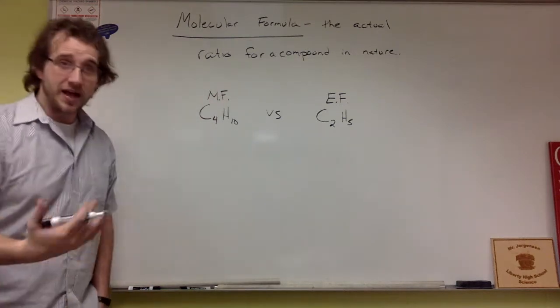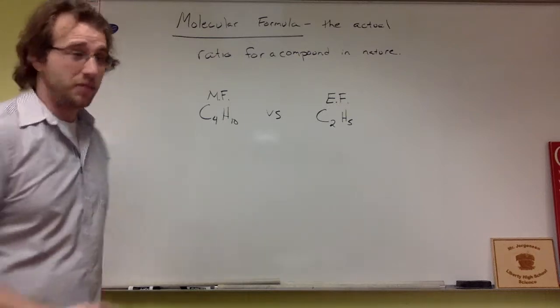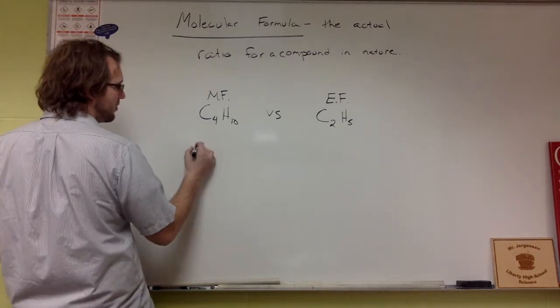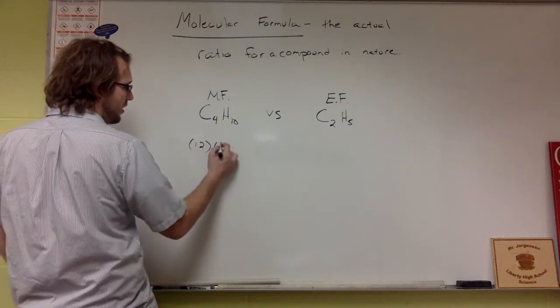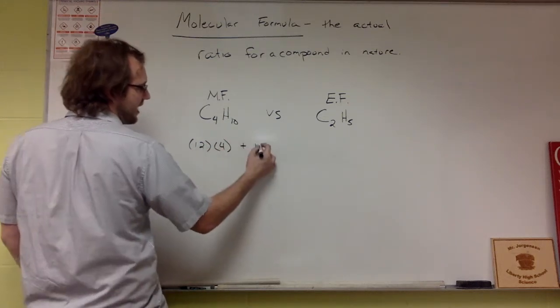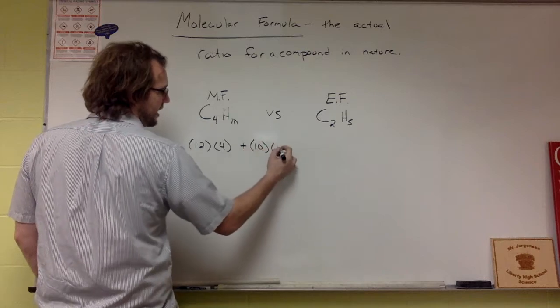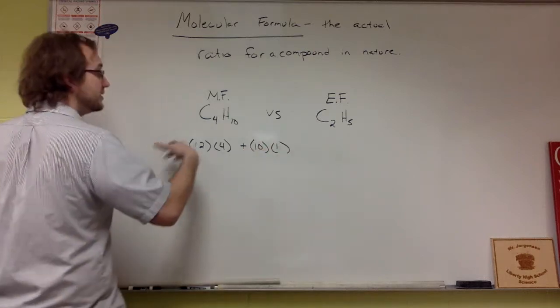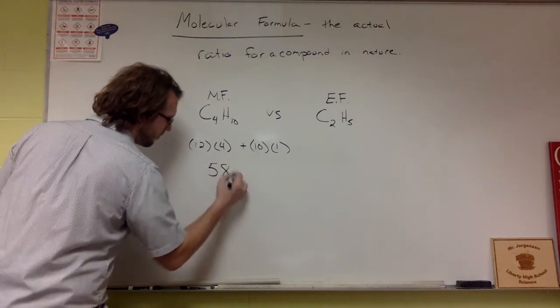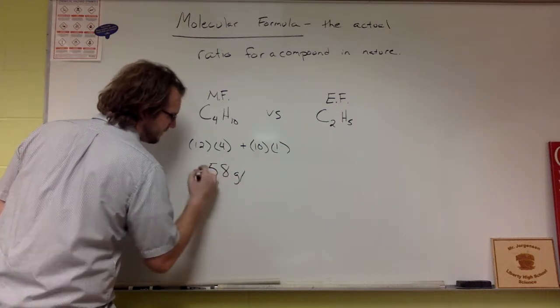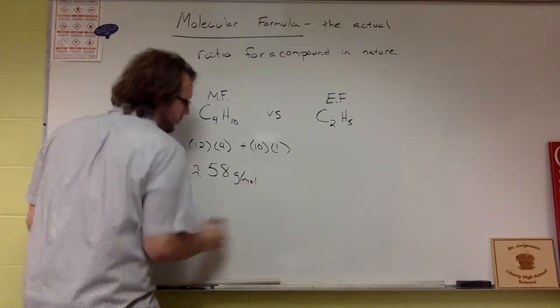Now if we wanted to, we could actually calculate the approximate molar masses of these two. Carbon we know to be about a mass of 12.01, times 4, and we're going to add to that 10 hydrogens times 1.008, or about 1. And so we've got 10 plus 48. So this has a molar mass of approximately 58 grams per mole.